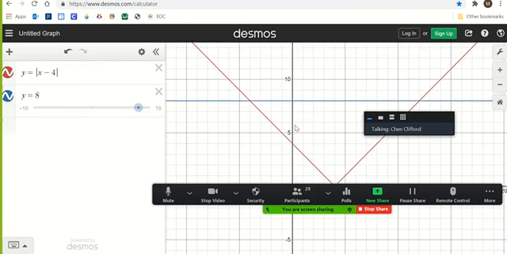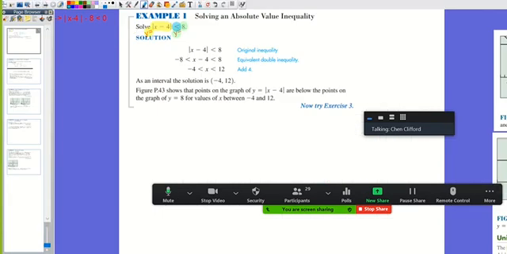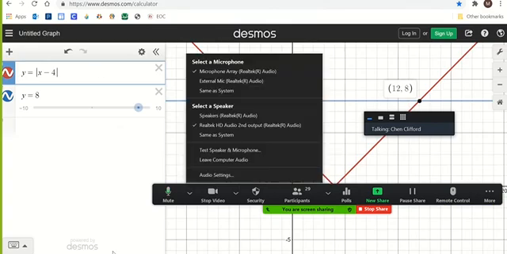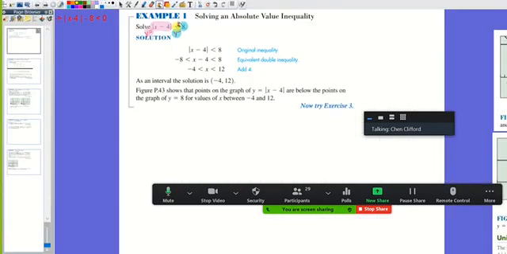Let me be consistent here and use the same colors, red and blue. Let me dip this in pink. Let's go with blue. And let's dip this in yellow right here. So where is red below blue? And again, remember I say below because of the yellow highlight.